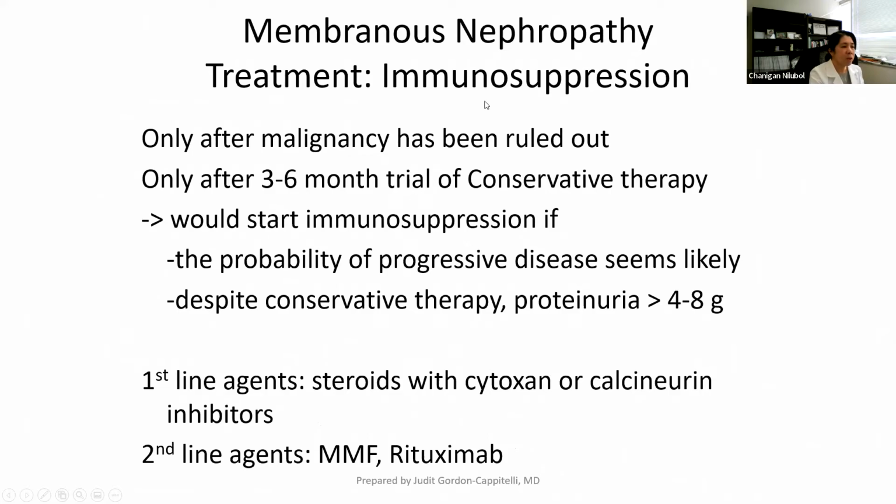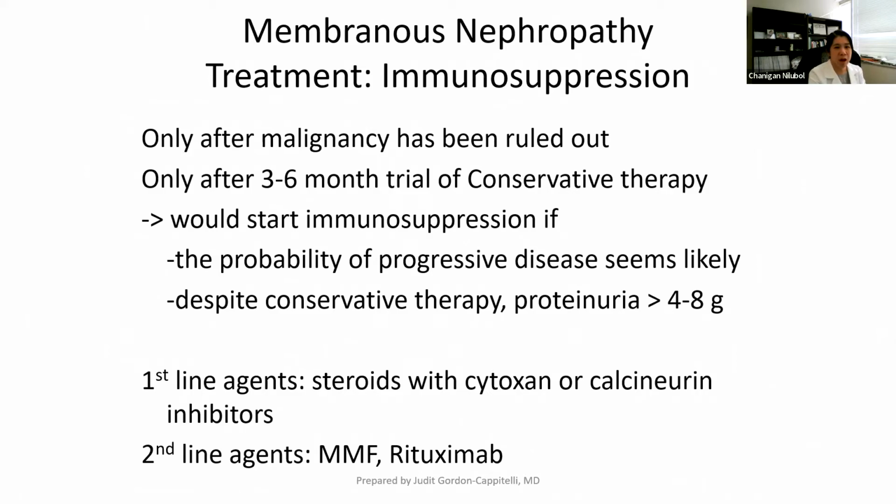Before treatment with immunosuppression, we have to do our due diligence, because as you know, secondary membranous can be from malignancy. So age-appropriate cancer screening should be done. If the patient has membranous nephropathy from malignancy, it should be pretty evident.